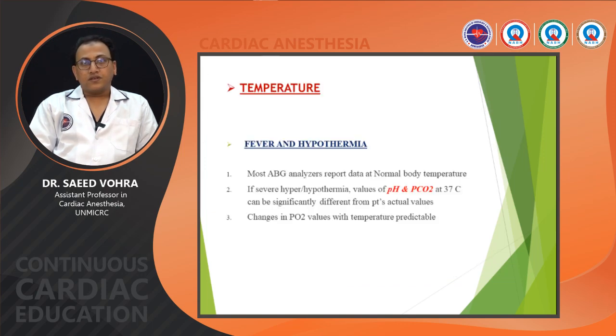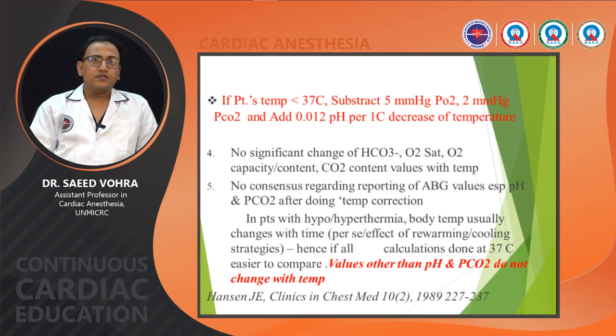Now, temperature of the patient. Most ABG analyzers will report the data at normal body temperature. If the patient is severely hypothermic or hyperthermic, the values of pH and PCO2 change significantly. However, if the patient's temperature is less than 37 degrees Celsius, subtract 5 mmHg of PO2 and 2 mmHg of CO2, and add 0.01 to pH per 1 degree decrease of temperature.